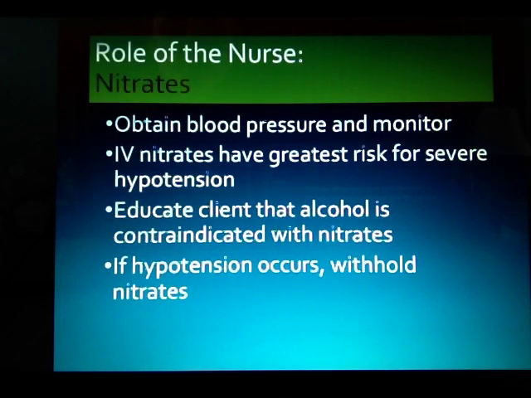So of course you want to obtain their blood pressure, and especially if you are giving IV nitrates, you want them to be on a cardiac monitor. When you administer IV nitrates, they have the greatest risk for severe hypotension because it's going directly into the bloodstream. This is something that I often did at Beaumont Hospital.